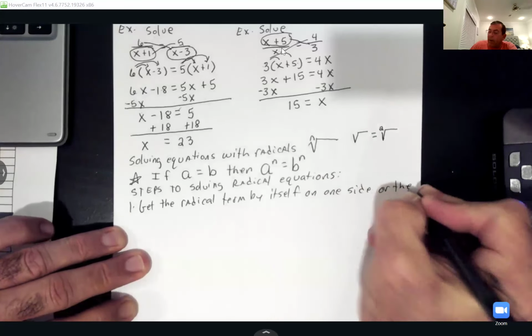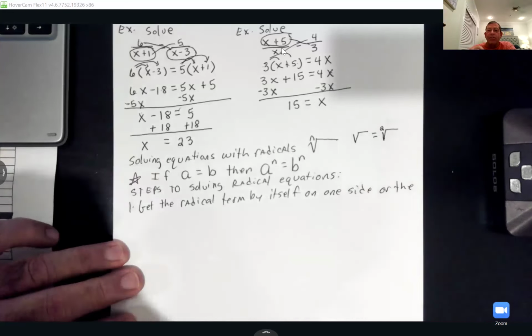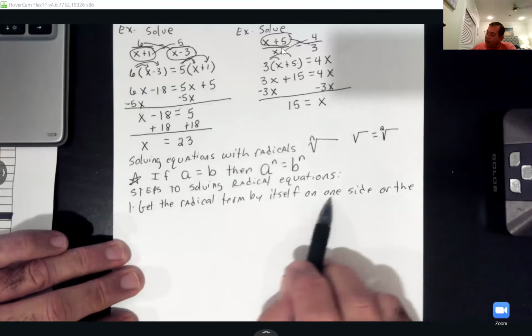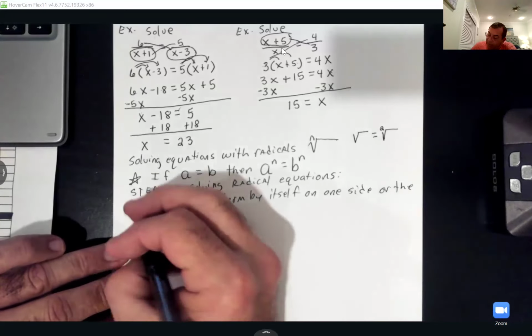Now, usually we'll do this by adding or subtracting something to move it, okay? So get it on one side or the other.